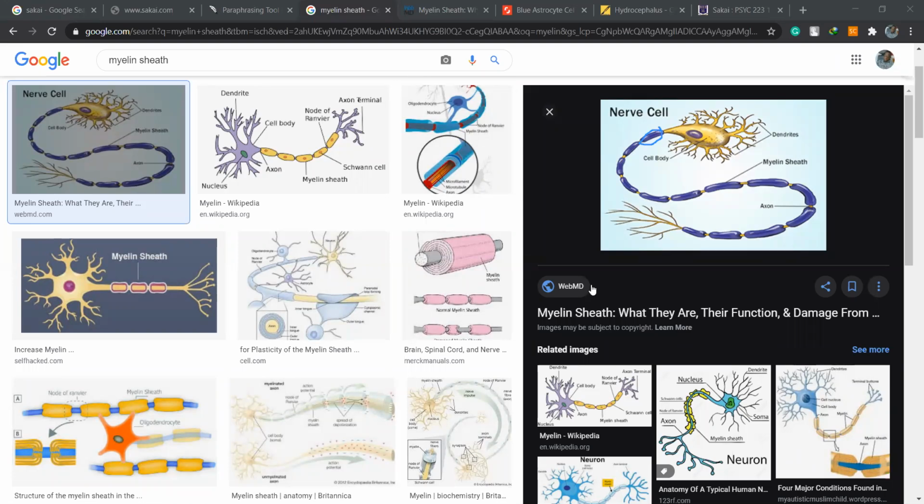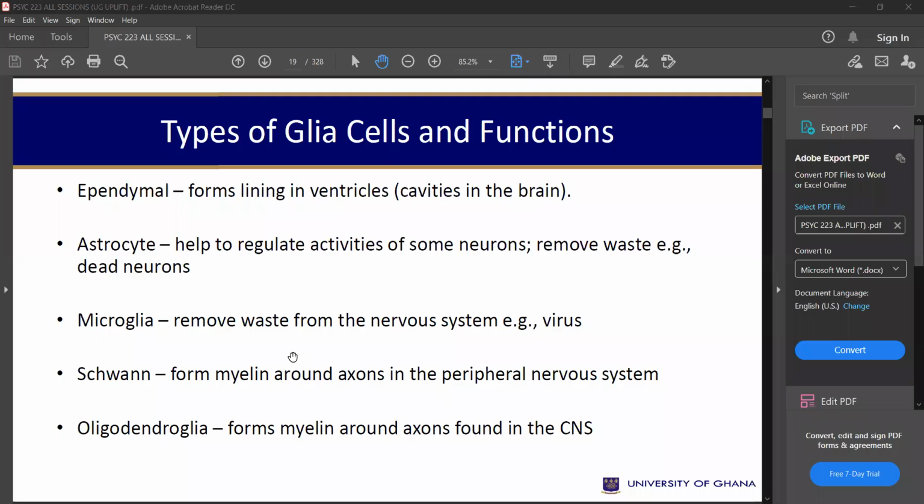All right. Let me stop sharing and move on to the slides. So that's all when it comes to glia cells. These are some of the things you need to know under glia cells. Sometimes your lecturer adds this type of glia cell. We call it the radial glia. You can write it somewhere, it will be useful.